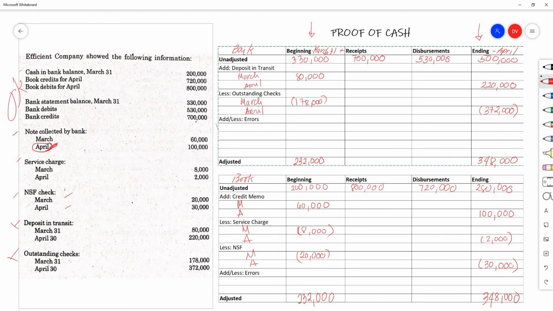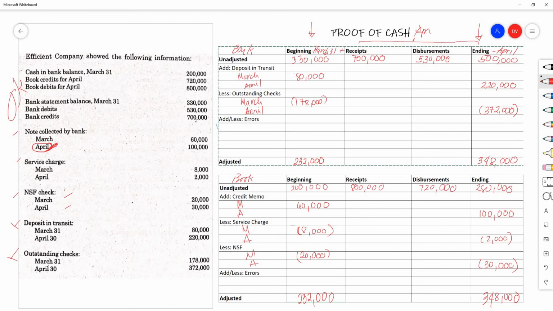Our second point is, why is it called proof of cash? Because we want to make sure na yung receipts tsaka disbursement na nandito ng April ay receipts and disbursement talaga ng April. Okay? Ulitin natin. Dapat yung receipt, kasi this is all April eh. April lahat to eh.